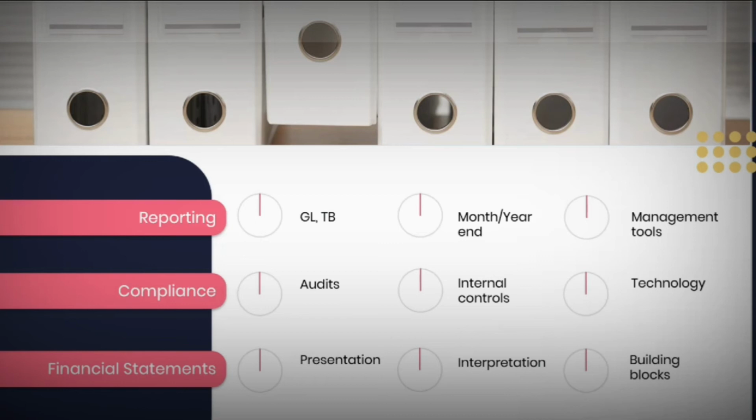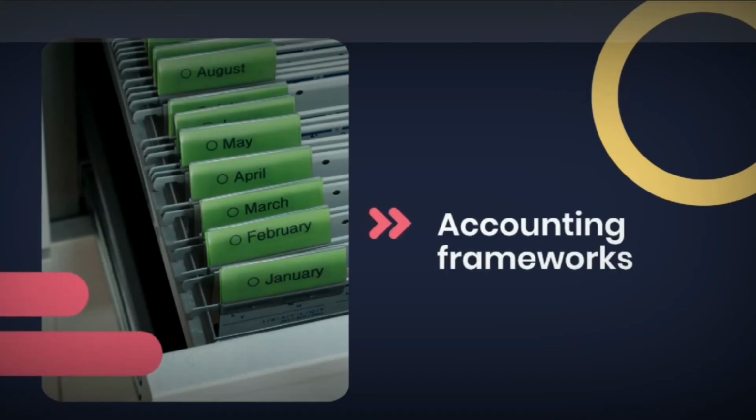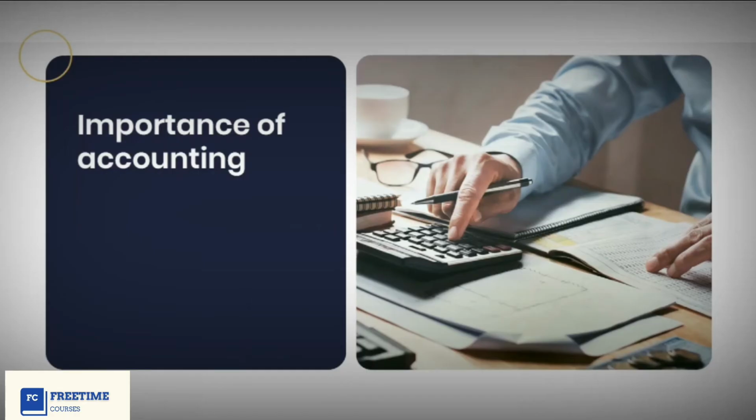So for the last and final topic, we will be looking at the different accounting frameworks. To understand why a framework would be important, you need to understand who are the users of the financial information. The main output and summary linked to the operations and financial details of any business is the annual financial statements.